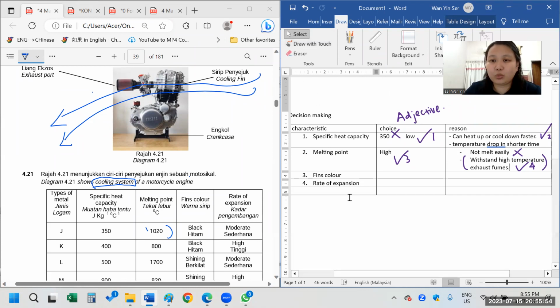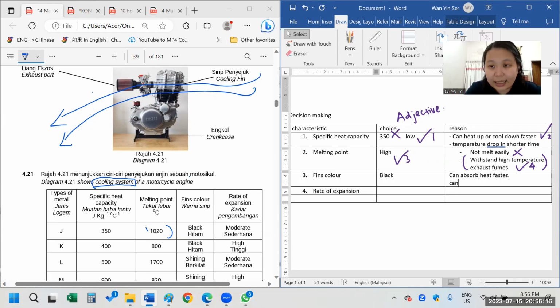So better write 2. Okay, fin color should be black because black can absorb heat faster. Here, color, don't use the word conduct. Conduct is material. For example, they mention metal.